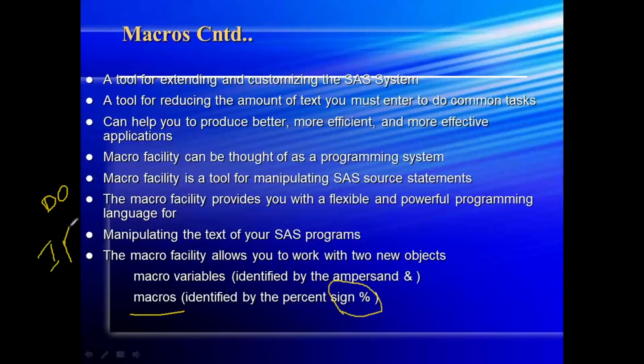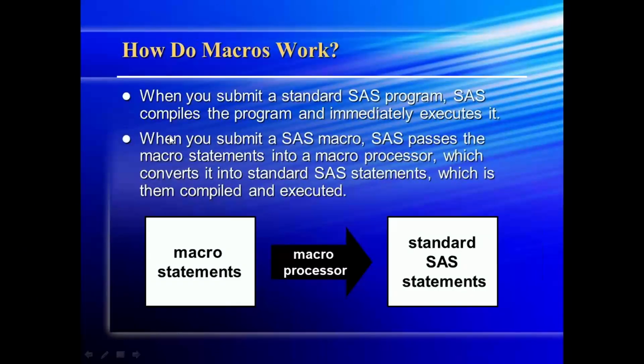All these are SAS statements, but to make the macro processor execute them, we are supposed to use a percent sign, as this has to be identified by the macro processor, which executes all the macro statements. So that is nothing but the macros. These are the two new things which we are learning apart from the SAS base that we have learned so far, right? So let's now go deeper and understand more.